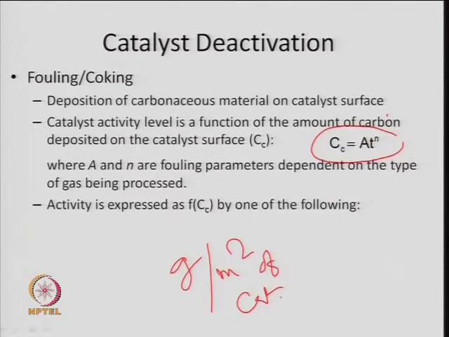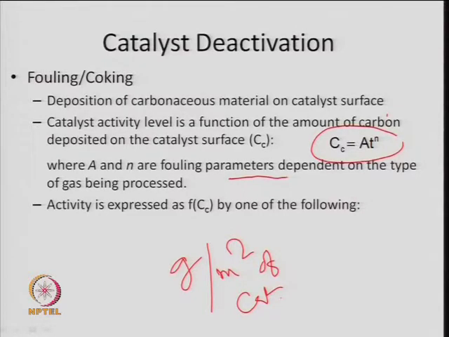It can also be reported in gram per gram of catalyst. A and N are known as fouling parameters and depend on the type of gas being processed. Once this is known, then the rate of coke formation dC by dt can be calculated.